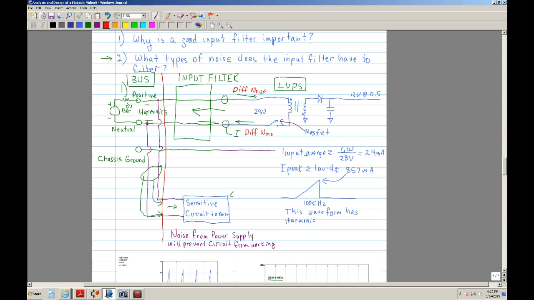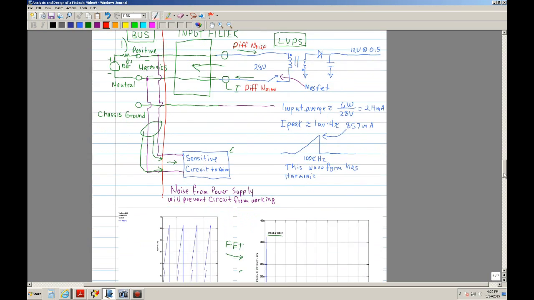So basically the current that is generated by the primary side of the flyback turns out to be differential noise.